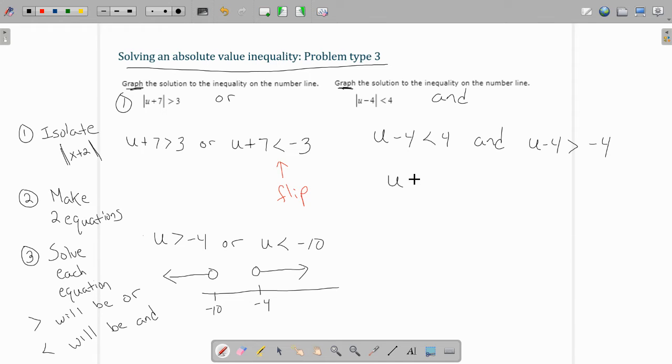So if we add 4, less than 8, and if we add 4, it's greater than 0. So smaller than 8, bigger than 0. It's the and, so you only take what's in common. We did this last video. I'm just going to jump to the answer, and there you go, 0 to 8. That's how you would graph that solution.